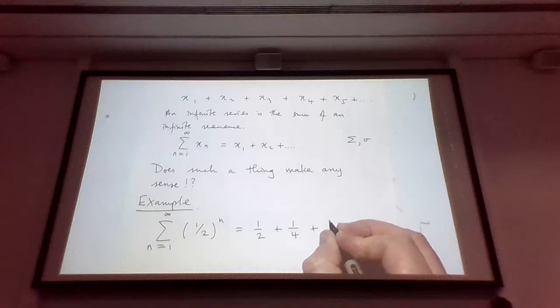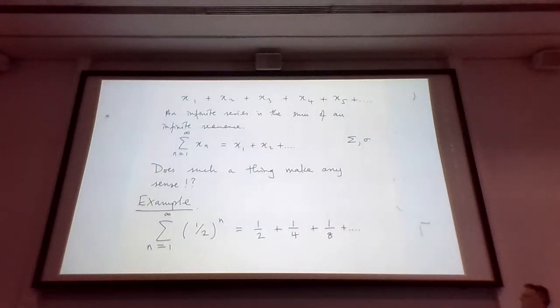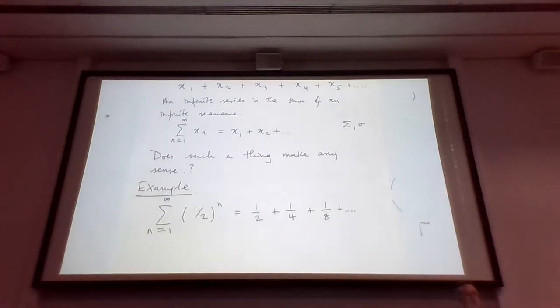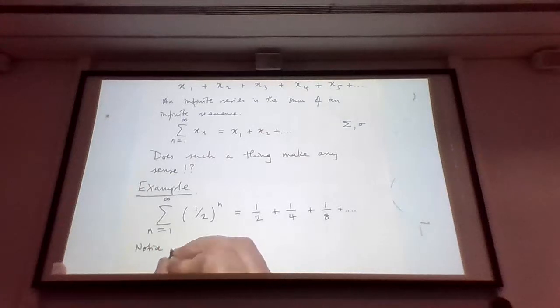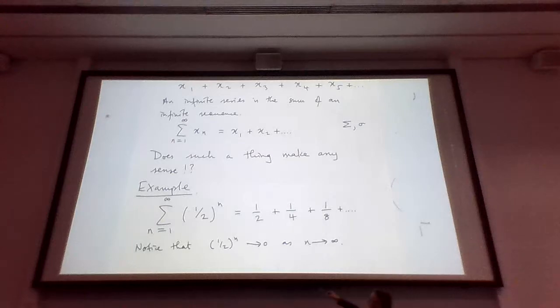When n is 3, you've got an eighth, and so on. This is an infinite sum. We're adding up an infinite number of numbers. But of course, notice that the numbers are getting smaller. And by smaller, what we mean precisely is that the numbers we're adding up are converging to 0.